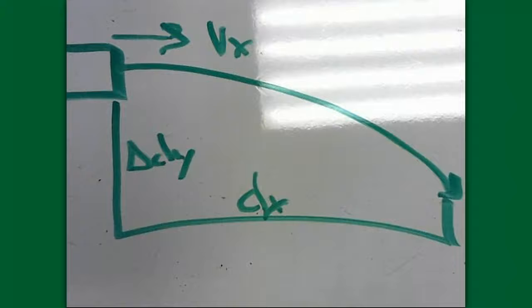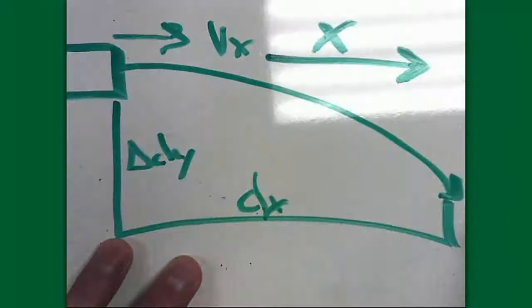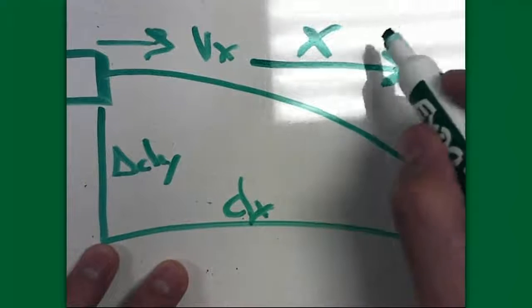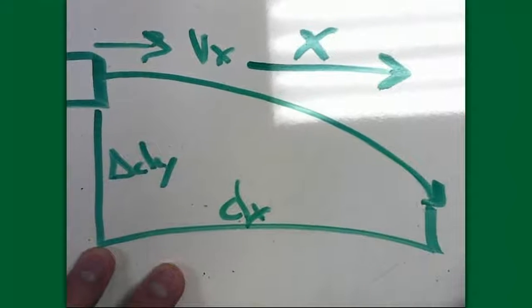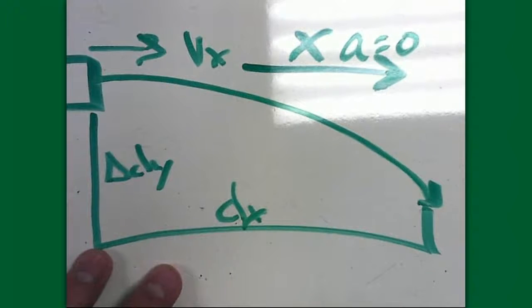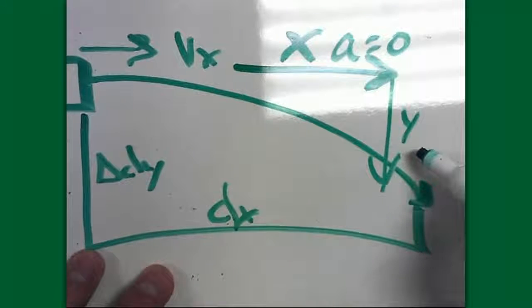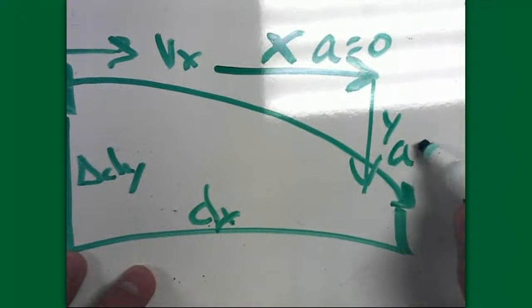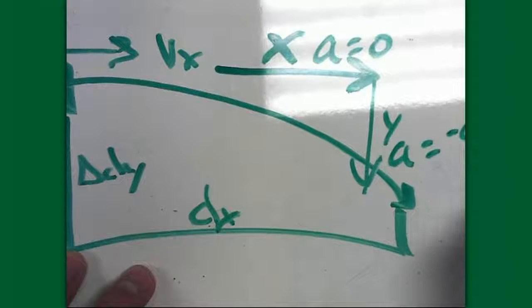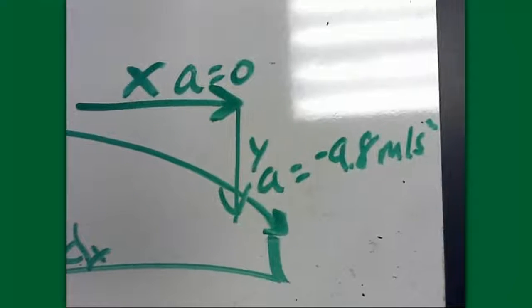It's a horizontal projectile. We've got to remember that in the x direction there is constant acceleration, or sorry, constant velocity. In other words, there's no acceleration. Acceleration is 0. And in the y direction we do have some acceleration because of gravity. In the y direction, acceleration is negative 9.8 meters per second squared.